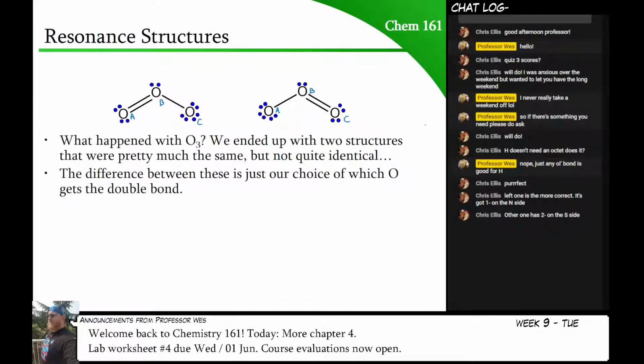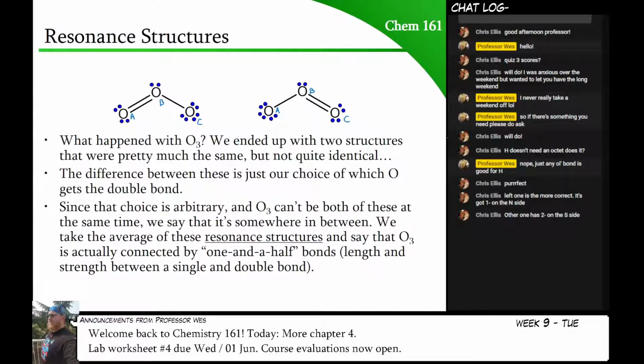And so what we're going to do is first we're going to call these a special sort of circumstance. These are called resonance structures. Whenever you have an arbitrary choice between structures, what we do is we say two things. One is that they are resonance structures of each other.